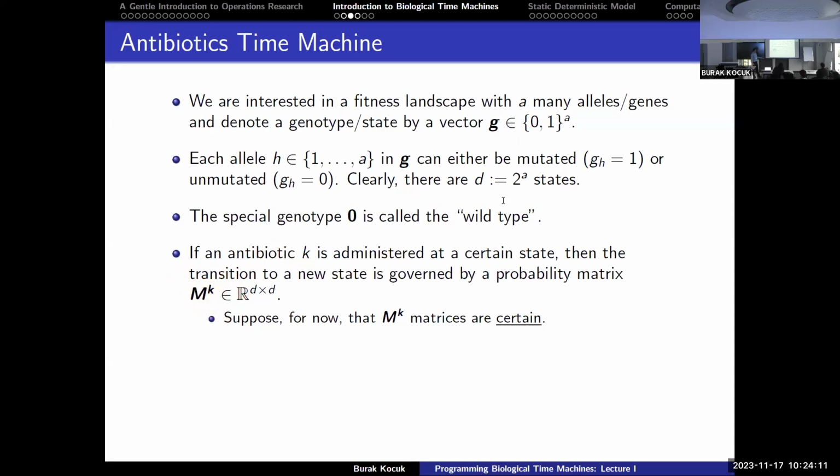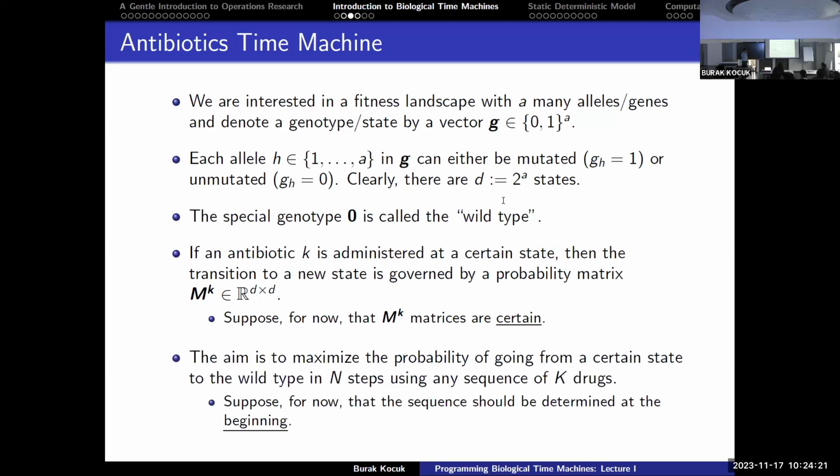This k represents the antibiotic. I will give you an example. For the first talk, let's assume that these matrices are given. There's no stochasticity in the entries.